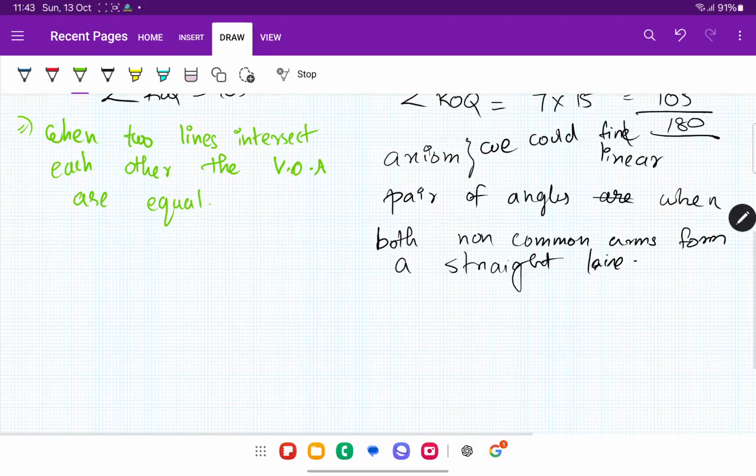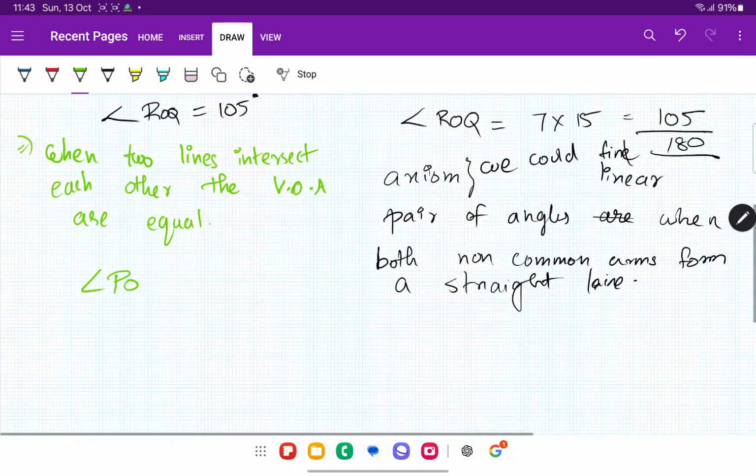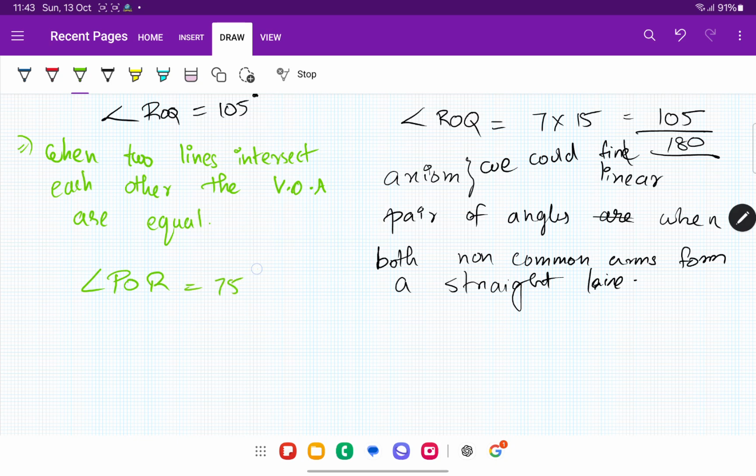So angle POR equals 75 degrees, angle ROQ equals 105 degrees.